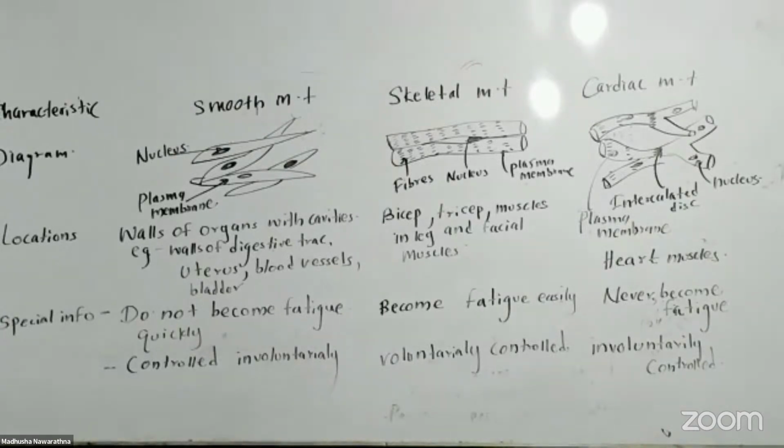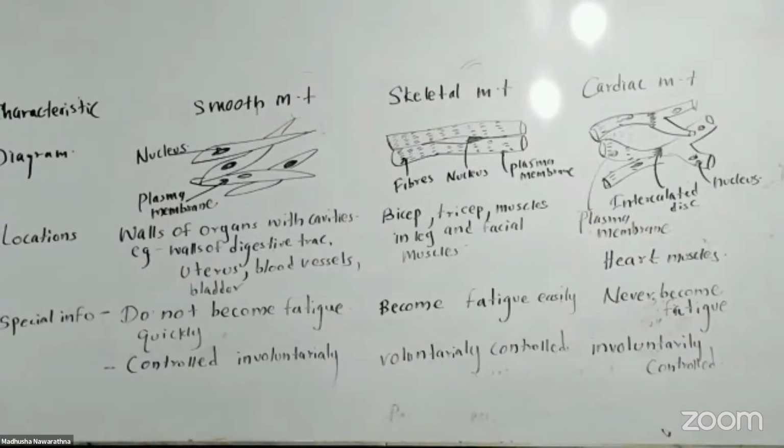Let's look at the first one, smooth muscle tissues. In smooth muscle tissues, there is a nucleus and the plasma membrane only, and you can observe some pointed ends.